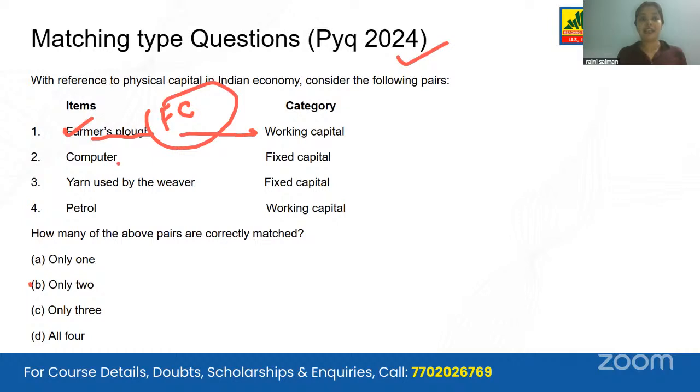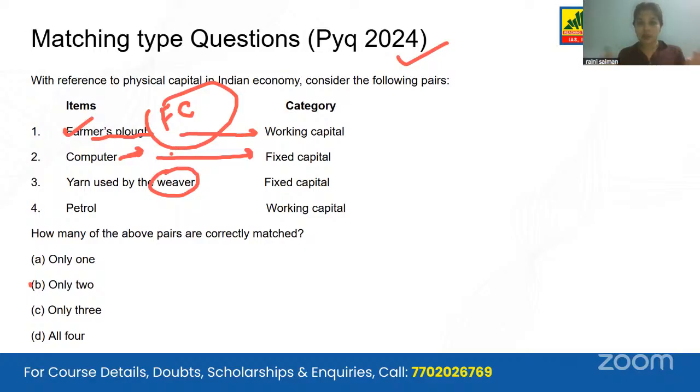Yes. Then your computers, is it a fixed capital? Yes, it is a fixed capital because it is a long-term investment. It is your long-term investment in that capital, and that makes it a fixed capital. Yarn used by the weaver. Okay, what is this yarn used by the weaver? So this wool, right?